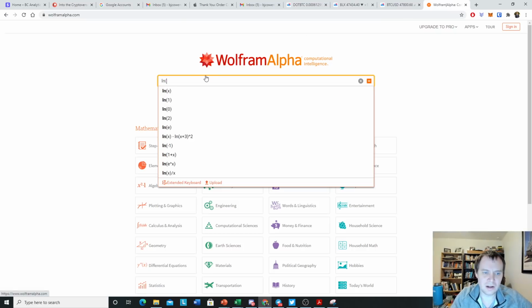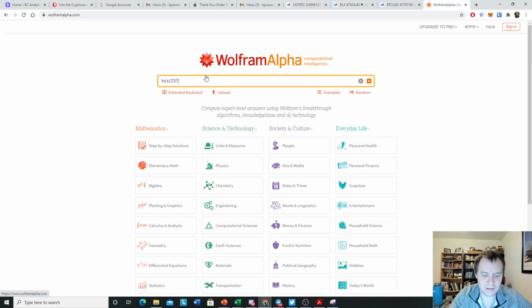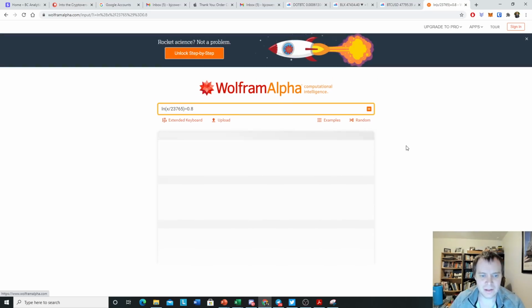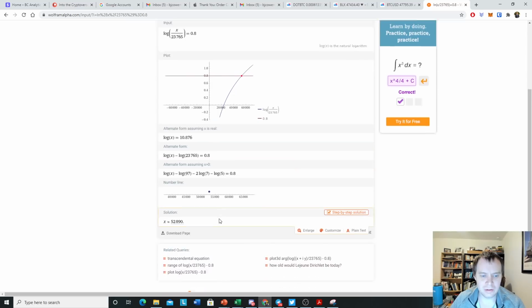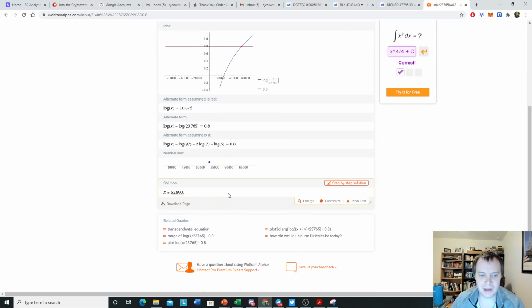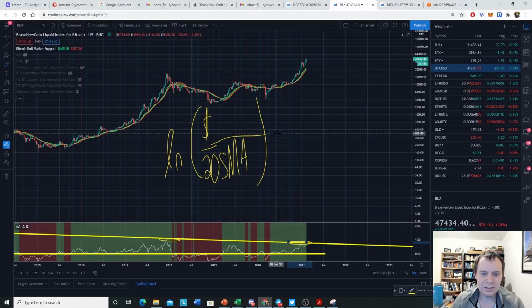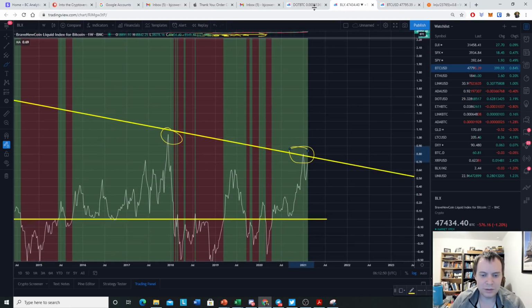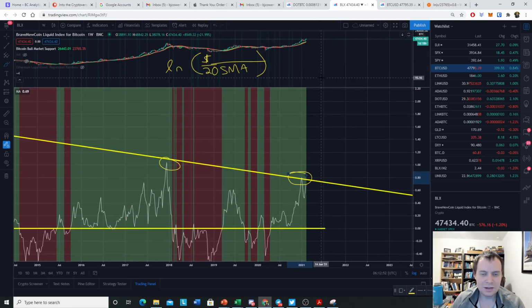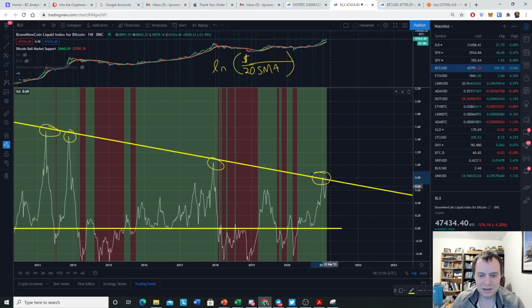So if we took the log of X over 23,765 and set it equal to 0.8, it would give us a valuation of $52,000, almost $53,000. So if you consider this as just extension from the 20-week moving average, it is certainly possible that we can break through 50K and still more or less respect this trend line down.